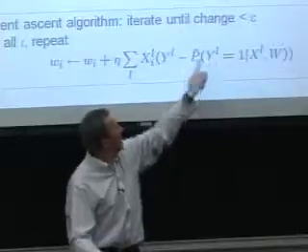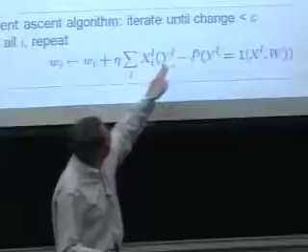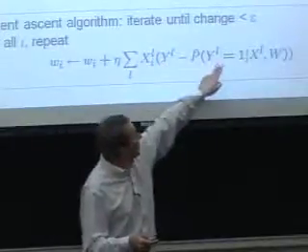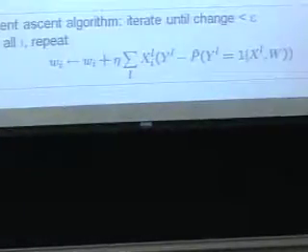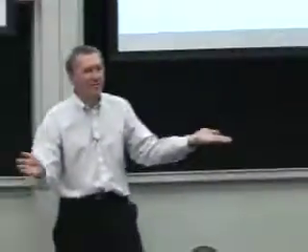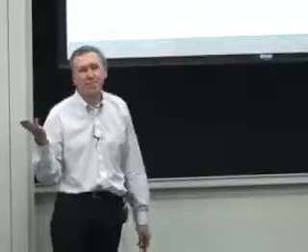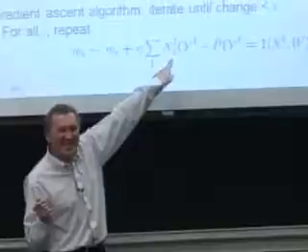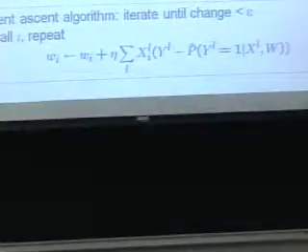And 1 minus this quantity is the probability that it's 0. So basically, this quantity is saying, look at the difference between the 0, 1 label and the probability that you're assigning the correct label, and try to make that probability equal 1. If it's not, then make a change to W in proportion to how far off you are, and also how big x sub i is.